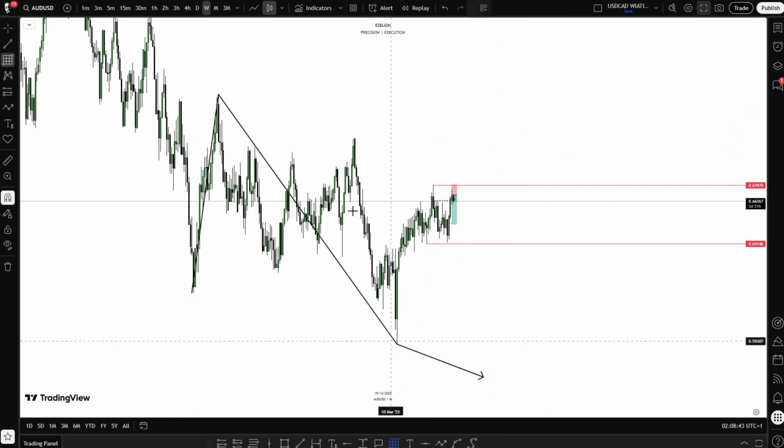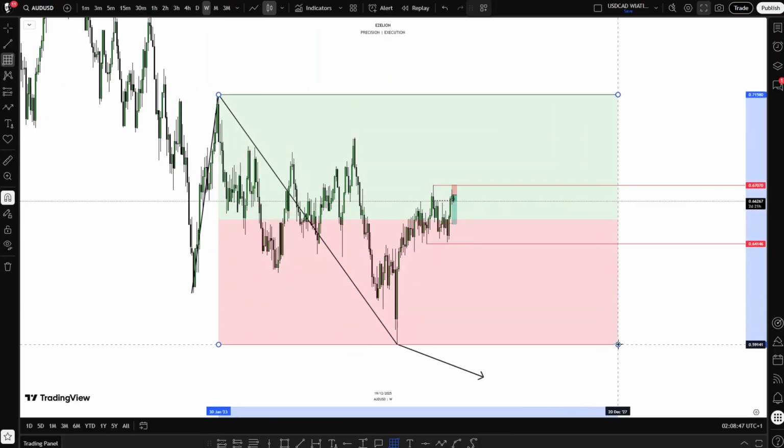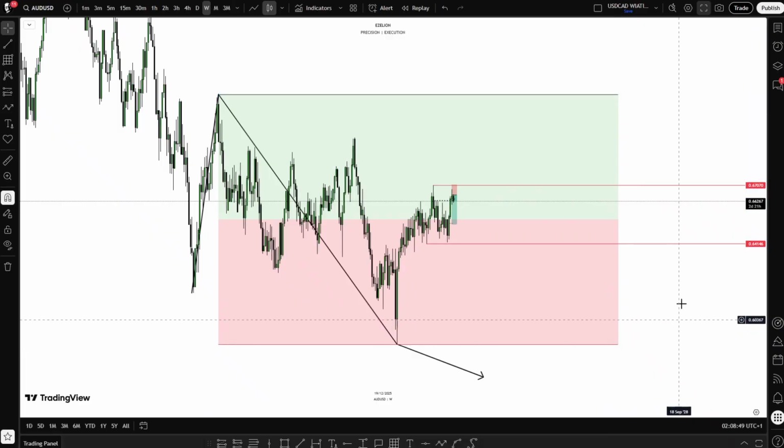All right, so now if this is our dealing range, you can mark out the premium and discount from this place. If you want to sell, you want to be selling off of premium. If you want to buy, you want to be buying off of discount, right? So this whole thing is occurring in the premium side of this dealing range. That's one.